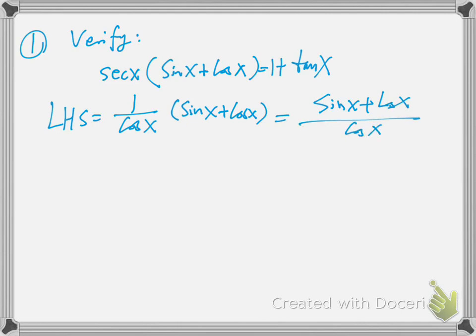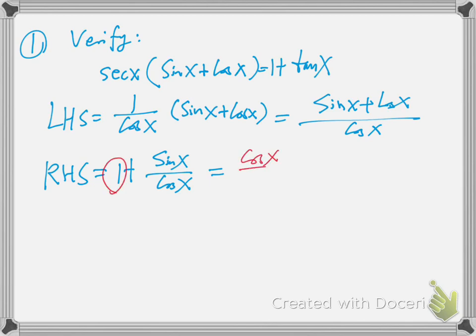Now the right hand side of the equation: we have 1 plus tangent. Tangent is sine x over cosine x. Now change to a common denominator, changing 1 to cosine x over cosine x. Then with the common denominator cosine, we get cosine x plus sine x.